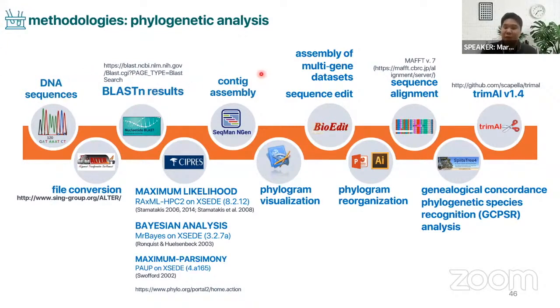You need to assemble the forward and reverse data, and assemble your multi-gene data set. You edit it, do the alignment, trim it using ClipKIT, and do conversion for further analysis. This is for maximum likelihood, Bayesian, and maximum parsimony. And if you have this, you can have a phylogenetic tree already.